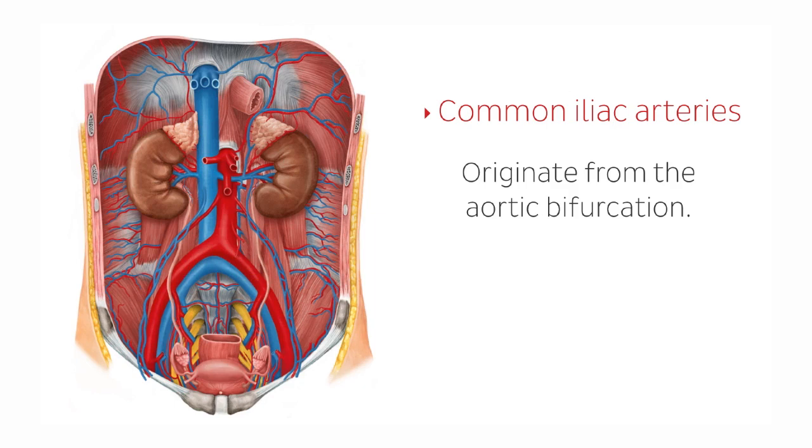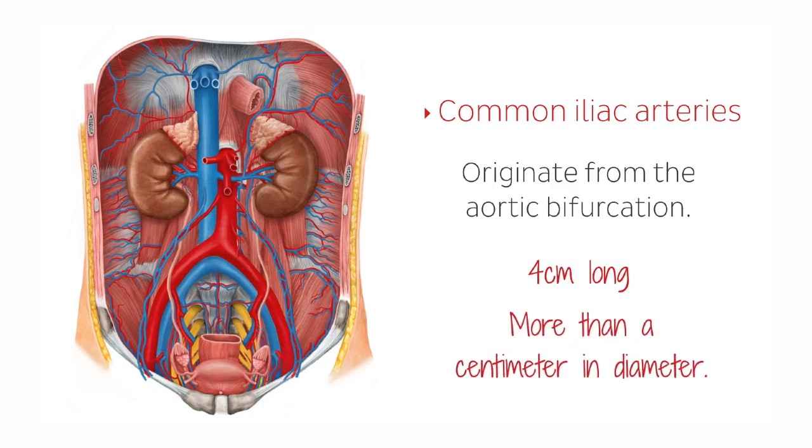This bifurcation happens at the level of the fourth lumbar vertebra. These arteries are about 4 centimeters long in adults and more than 1 centimeter in diameter. The arteries run inferolaterally along the medial border of the psoas muscles to their bifurcation at the pelvic brim in front of the sacroiliac joints.